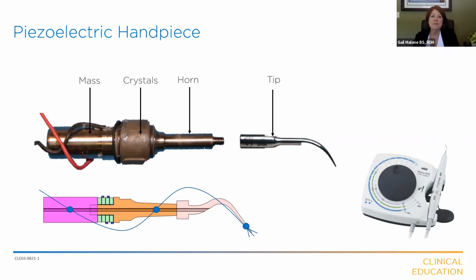And then you have various tip designs for various levels of deposit and areas of the mouth. With a piezo device, we also run water through the very center of the device. And as mentioned earlier, with piezoelectric technology, the two lateral surfaces are active surfaces. And those are the surfaces that we adapt to the tooth surface, compared to magnetostrictive, where all surfaces are active and can be adapted to the tooth for debridement procedures.